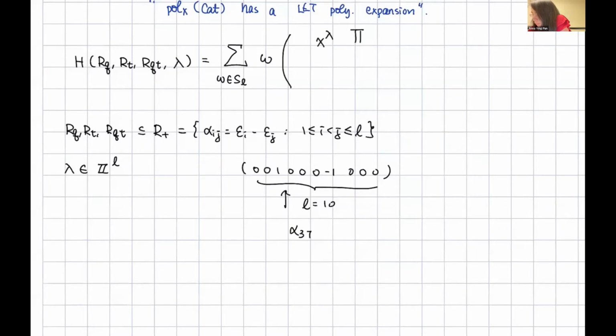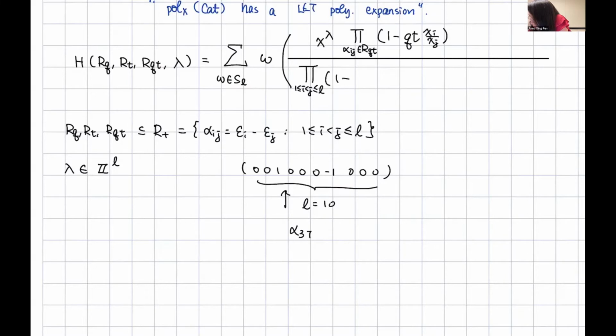And then we have the product over alpha ij in RQT of xi over xj, and then 1 less than i less than j less than L, 1 minus xj over xi, and then alpha ij in RQ.